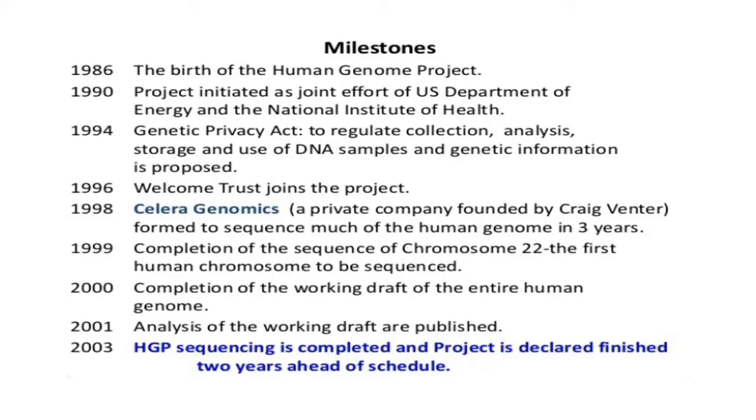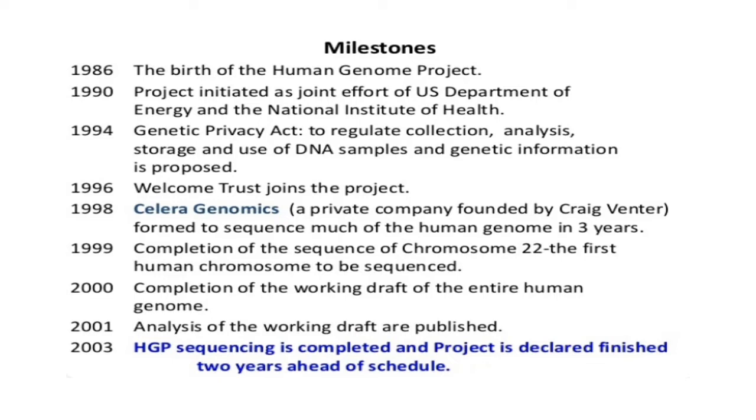The milestones over the years of the Genome Project. The birth of the Human Genome Project was in 1986, and the project was initiated as a joint effort of the U.S. Department of Energy and the National Institutes of Health in 1990.